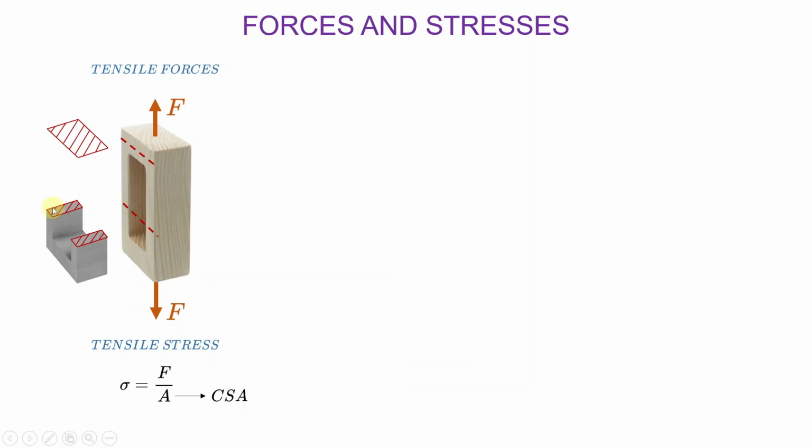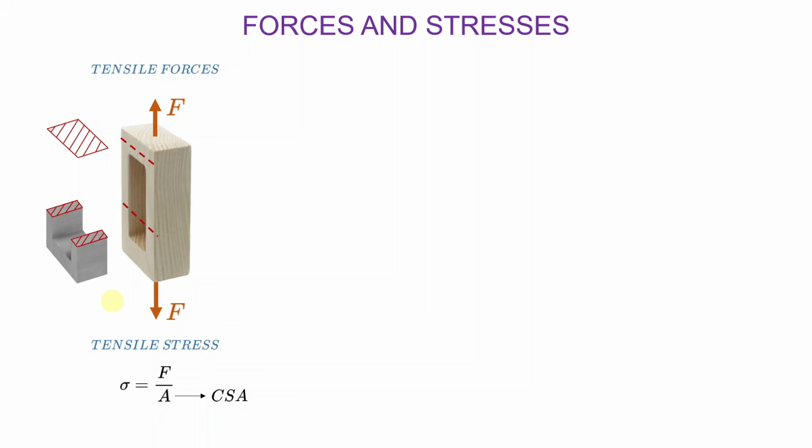And so this area plus that area, that is what will make your cross-section area. Okay, I hope that is clear. And so you really need to be careful and clever enough to be able to visualize in your mind what the cross-section area will look like at various locations whenever you need to calculate the stresses.